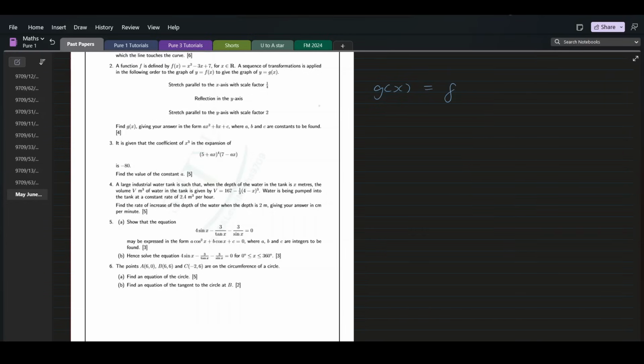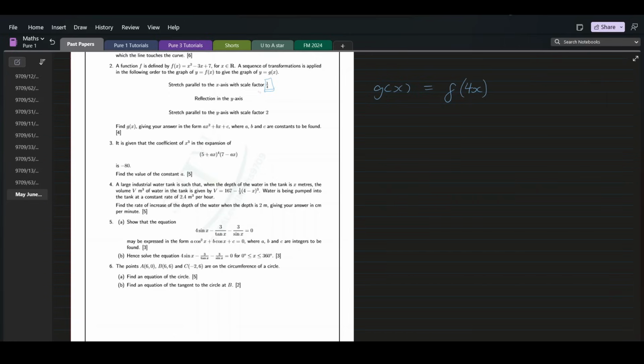So if we have a stretch in the x-axis, that means we're going to multiply this x over here. Since it's by a scale factor of a quarter, we're going to write this as 4x. So for the transformation here, we use the reciprocal of the scale factor. So that's 4x.